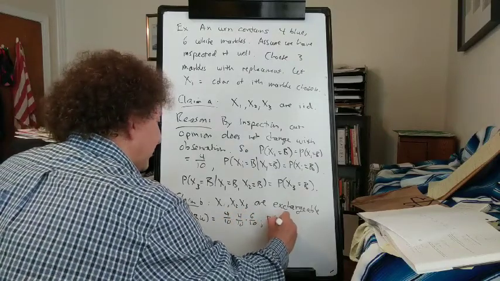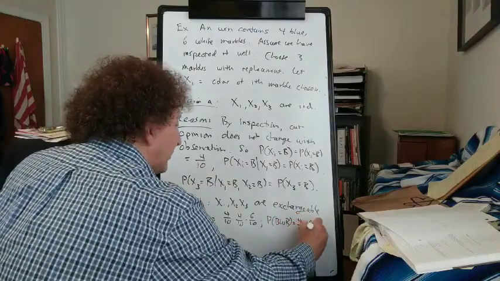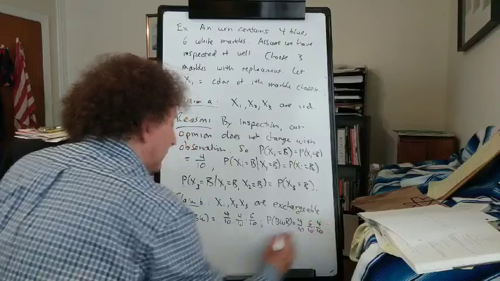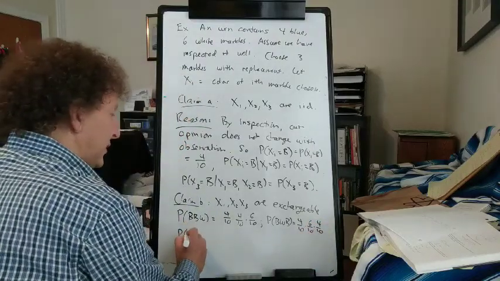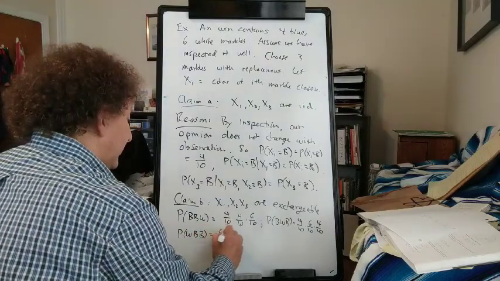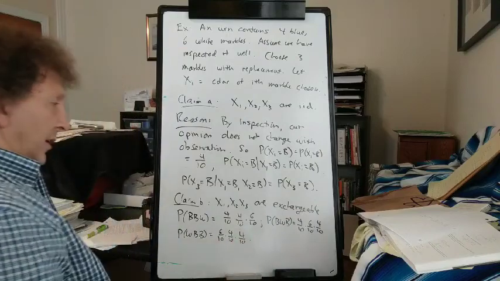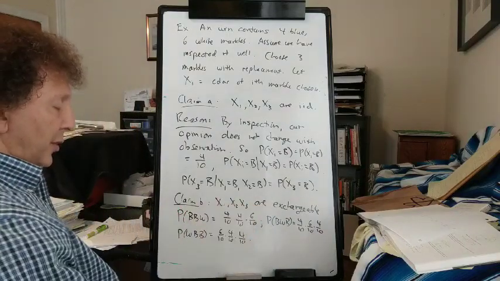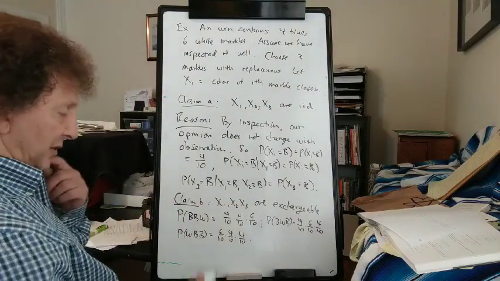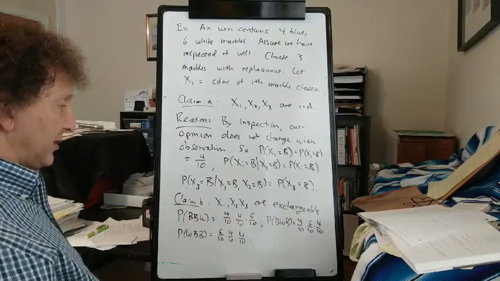The probability of blue, white, blue is 4/10 times 6/10 times 4/10. And the probability of white, blue, blue equals 6/10 times 4/10 times 4/10. So we can see that these are the same 3 probabilities being multiplied, just in different orders. But of course, multiplying real numbers in different orders gives us the same product.